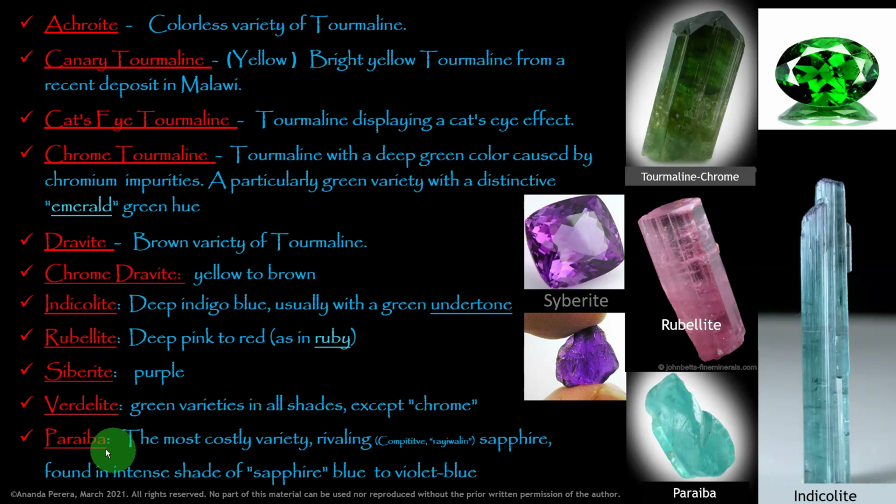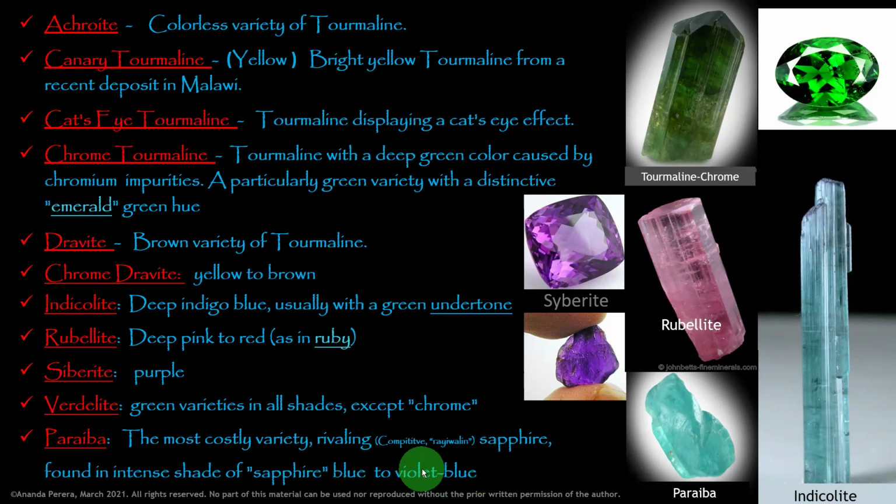Paraiba, it is very special, a newly discovered one. The most costly variety in the tourmaline trade. It's like sapphire, found in intense shades of sapphire blue to violet blue.